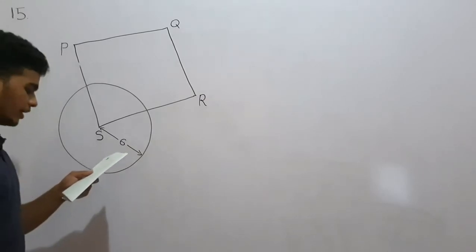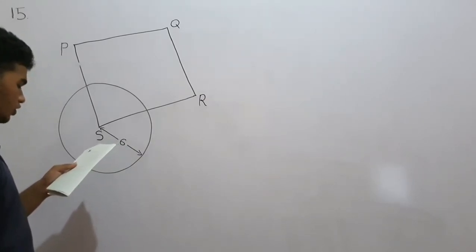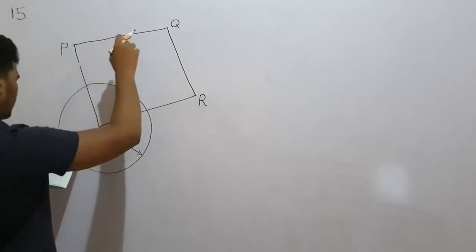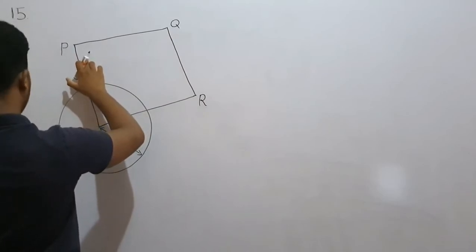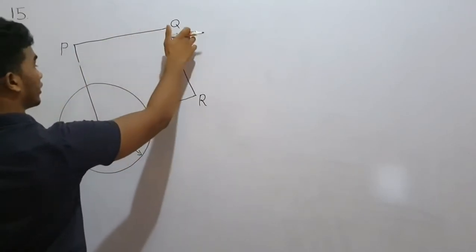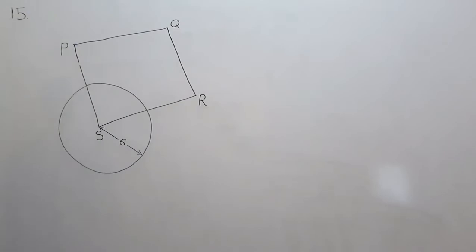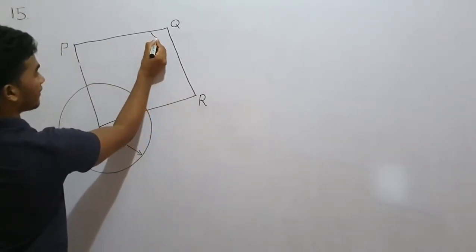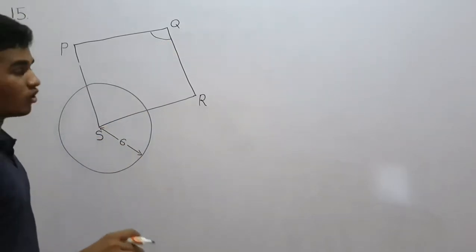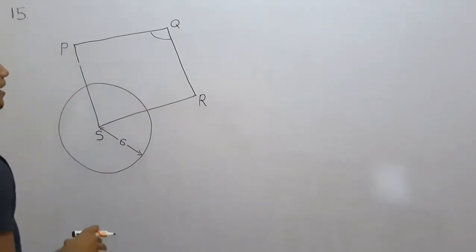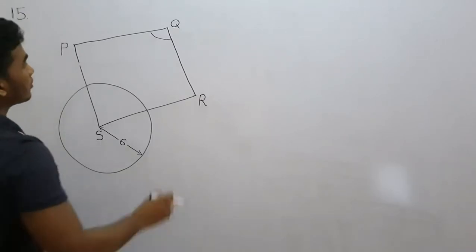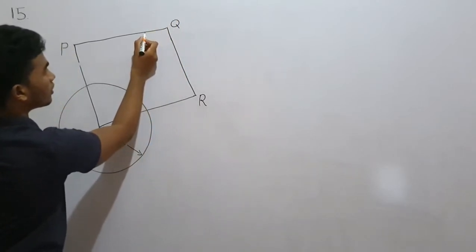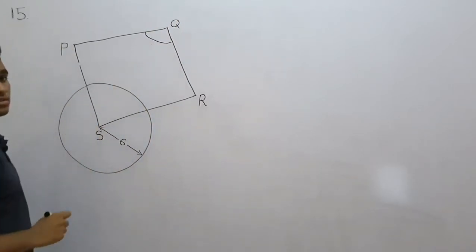Roman numeral 2, equidistant from QP and QR. So now they have given an angle. When it is always an angle, it is going to be an angular bisector. So take your compass, keep it at point Q and draw a small circle.